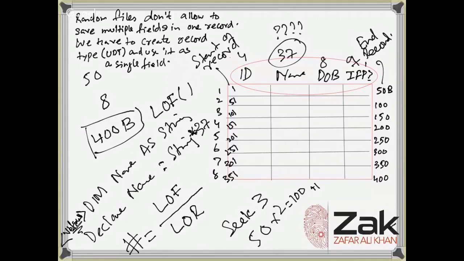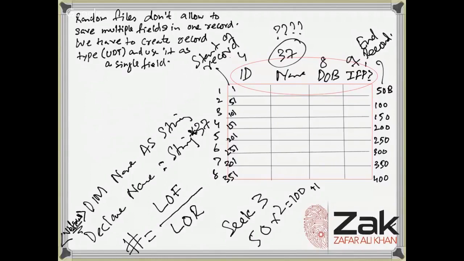You get that? Now what I would do is I will make one record, my record. Declare ID as integer.